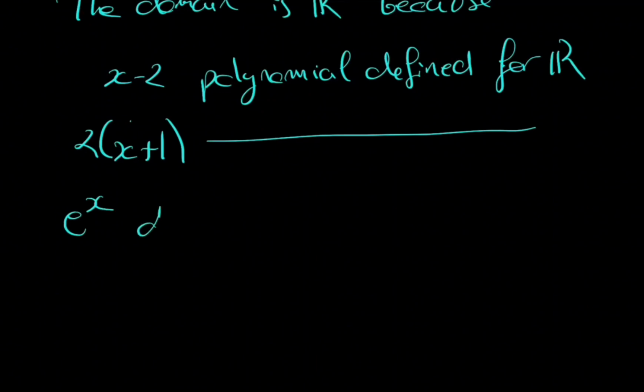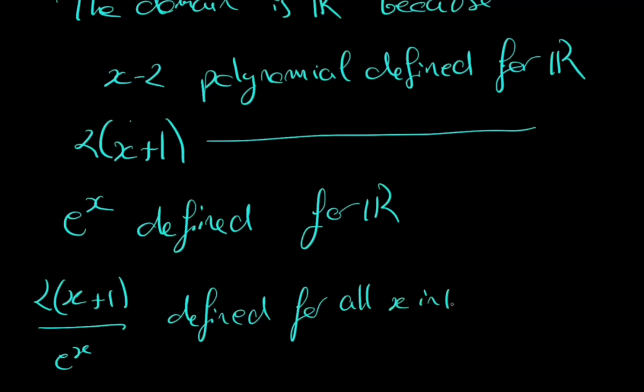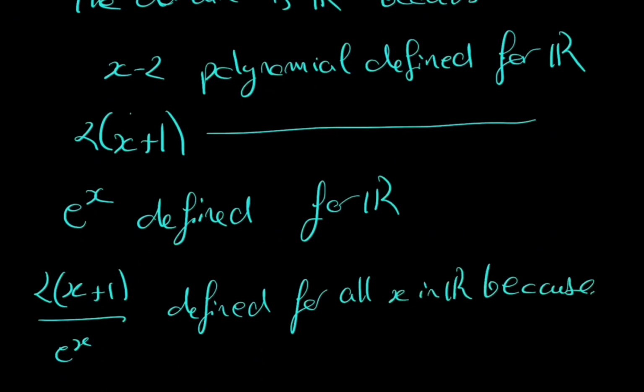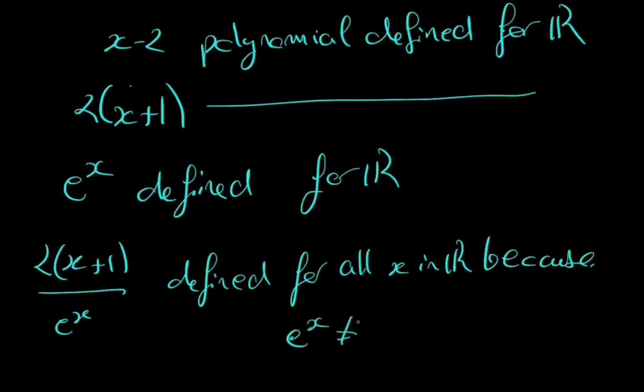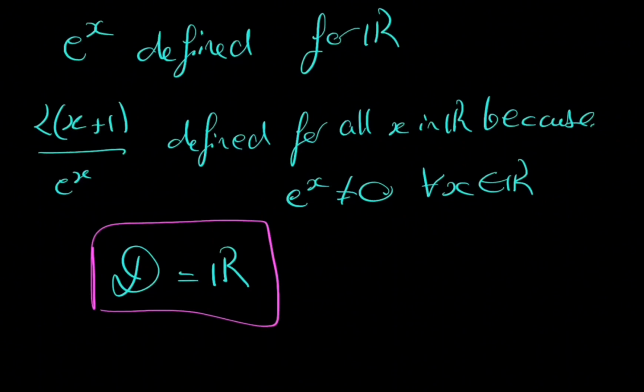Exponential of x is defined for R, and then the quotient, so the division of 2x plus 1 over exponential of x, is defined for all x in R, because exponential of x is different from 0 for all x in R. So D, our domain, is equal to R. We answered the first part of the question.